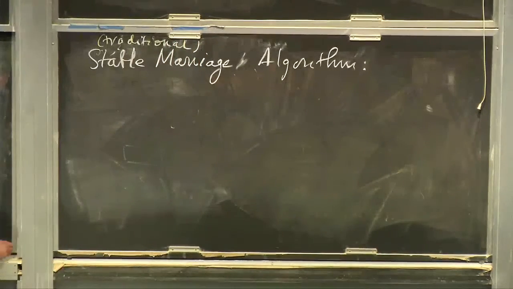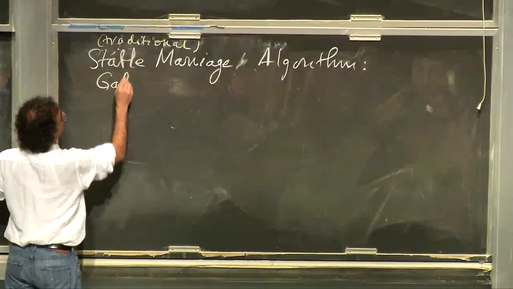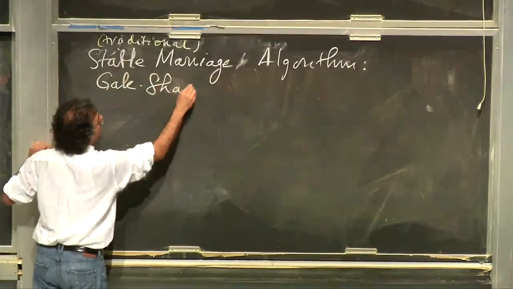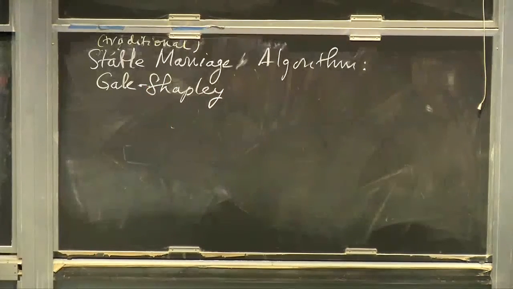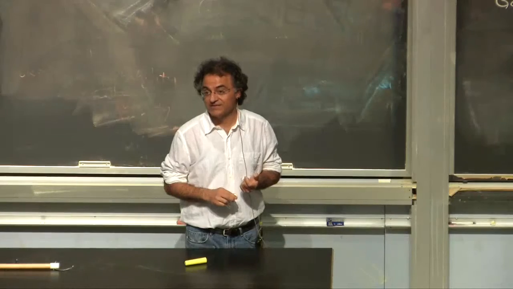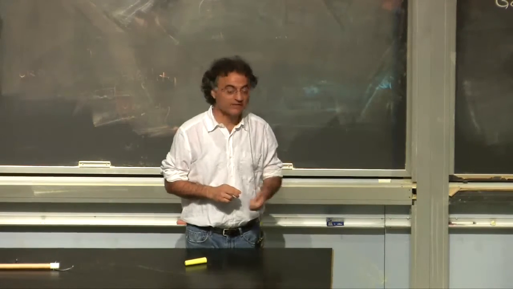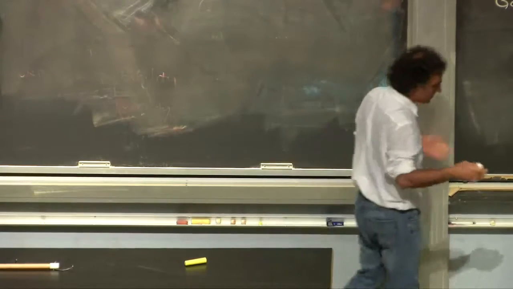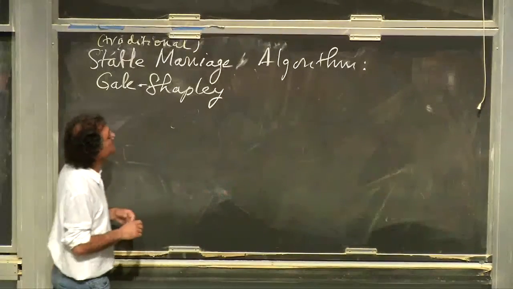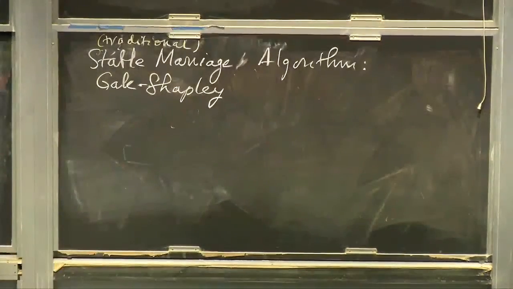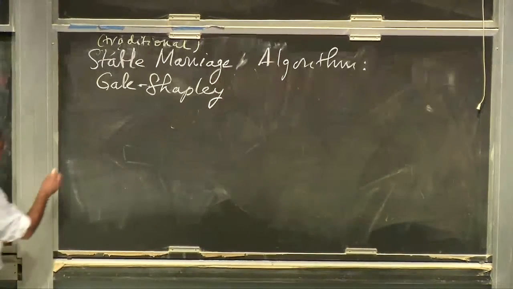Other people call it the Gale-Shapley algorithm, named after the inventors of the algorithm. David Gale was a professor in the math department here for many years when he invented this. He retired from here, etc. And Shapley is a famous economist. So how does the algorithm go?